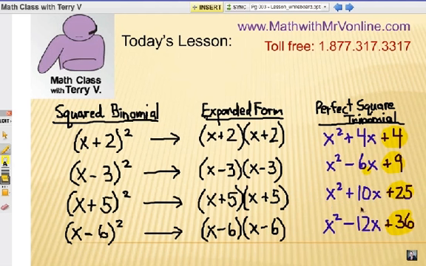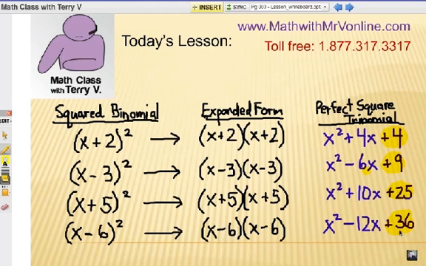All right, so it looks like if we take half of that middle term, what do we do to it to get the 4, 9, 25, and 36? Notice that 2 times 2 is 4. The negative 3 times negative 3 is positive 9. The 5 times the 5 is positive 25. They're always positive. And negative 6 times negative 6 is positive 36.